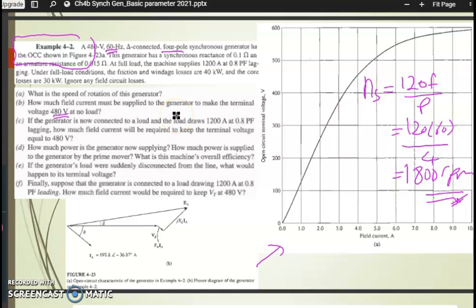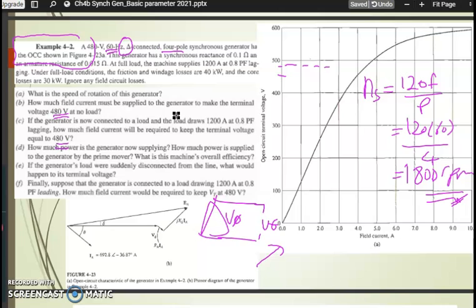But it seems we have a delta connection here. If we connect to the load, V phase will be the same as V terminal. So we have here 480 volt terminal voltage, 480 is around here.